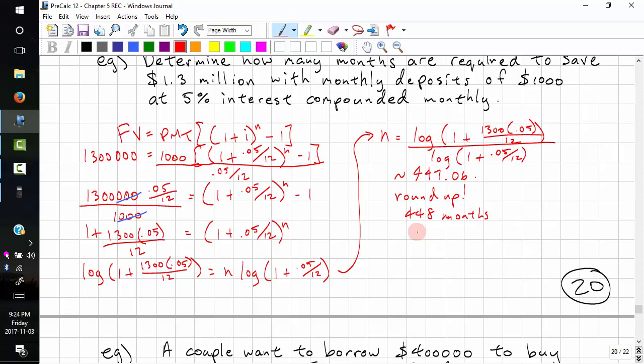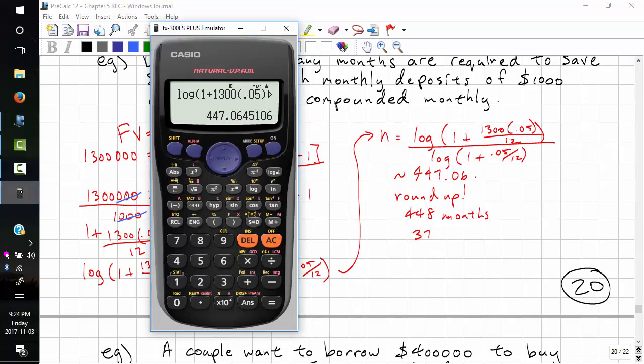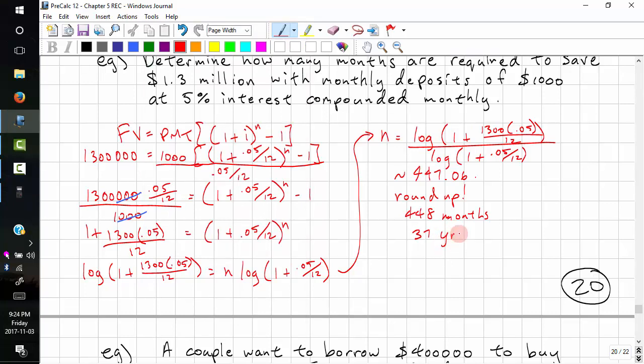If we want to convert this to years, we have 37 years: 448 minus 37 times 12 means 4 months left over. And if you started at age 25, you would be age 62 to get your $1.3 million.